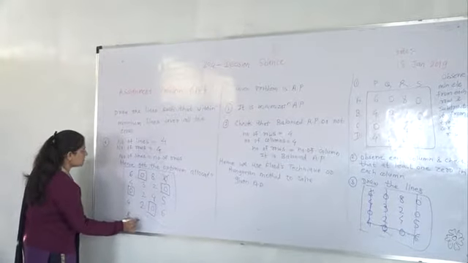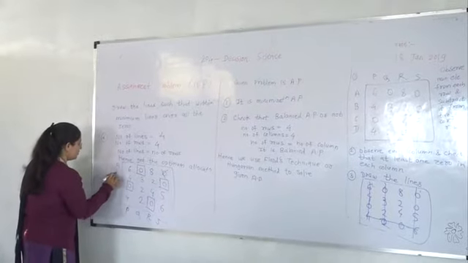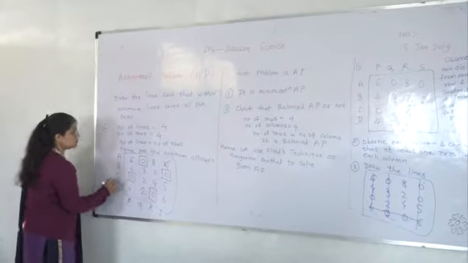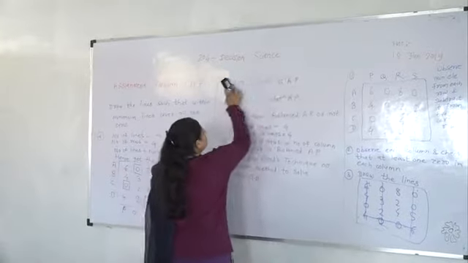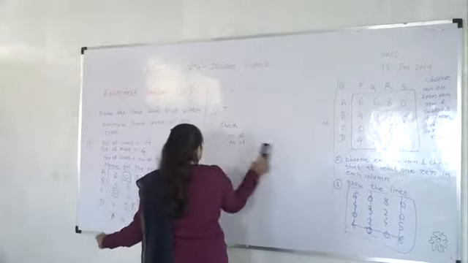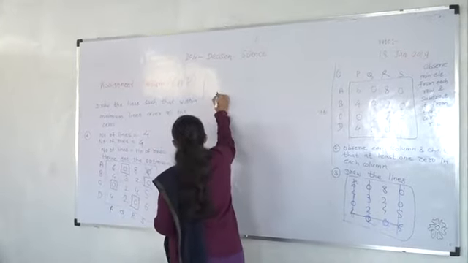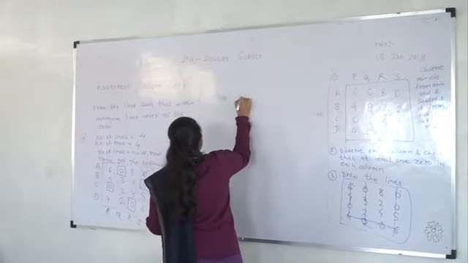So here there are machines P, Q, R, S, and there are jobs A, B, C, D. What is the meaning? Here you have job and machine.